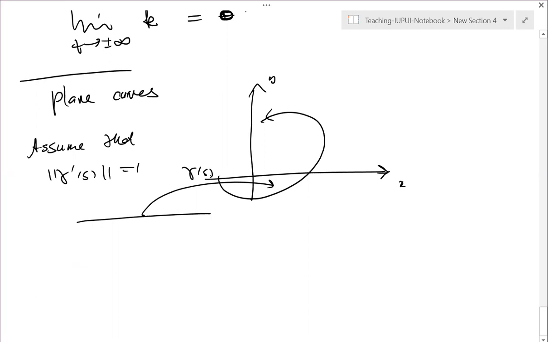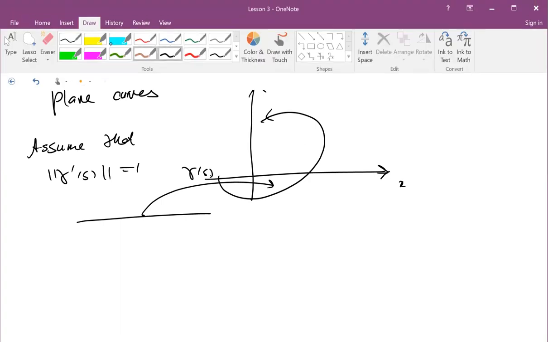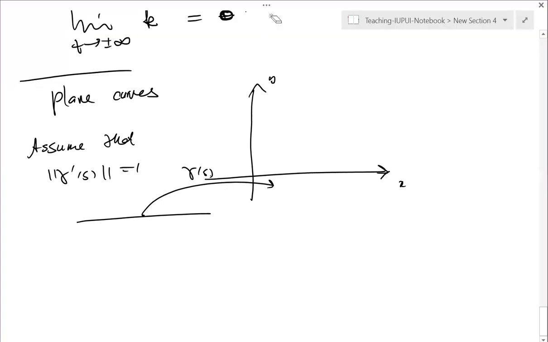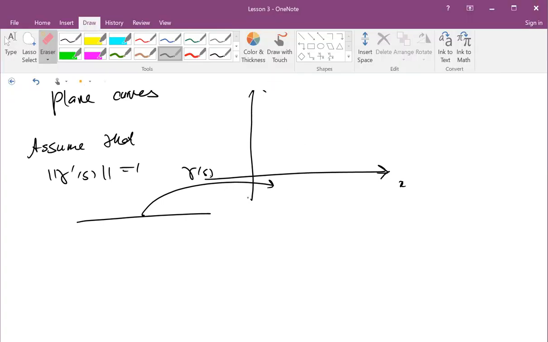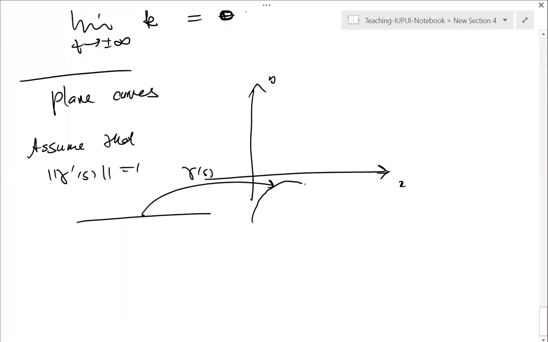Now let me draw a picture slightly different. The curve is not always curved in one direction. It's probably like that. So for gamma s, the second derivative, let me mark it. How does it look?